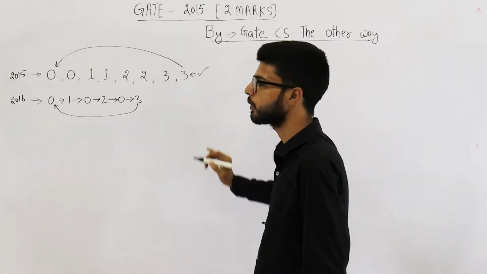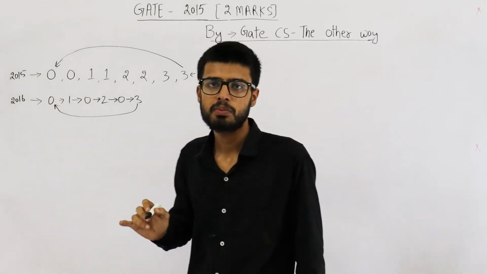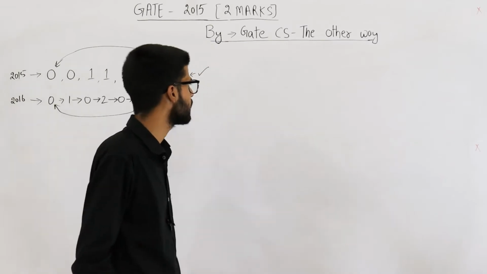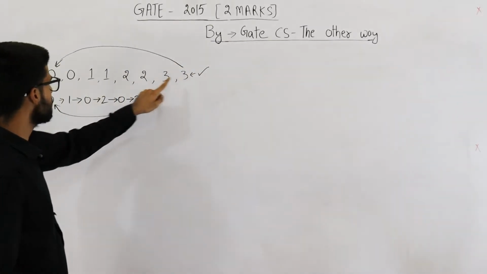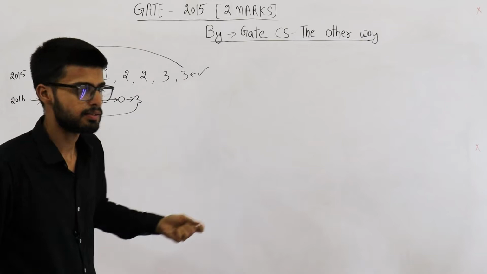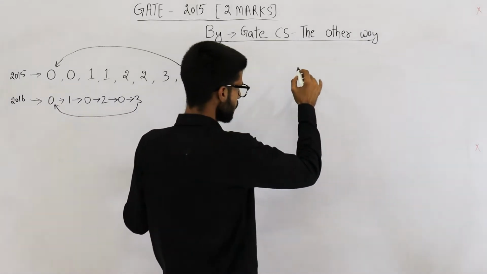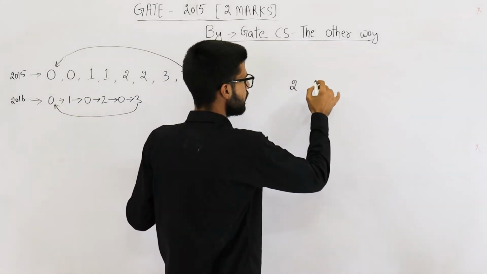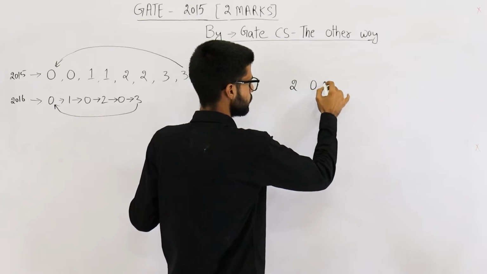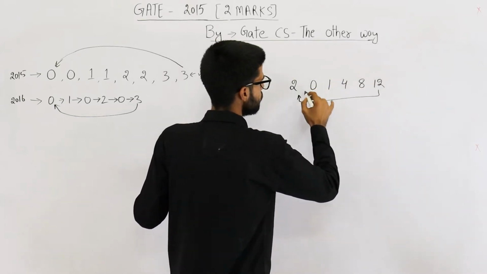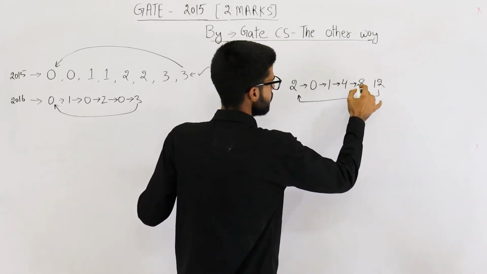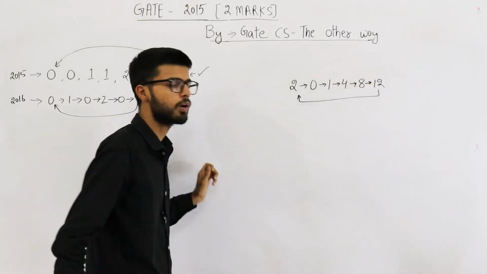is this. Whenever we want to determine the minimum number of flip-flops required to implement a counter with some counting sequence, let's see what the procedure is. Say they have given you some counting sequence. Suppose this is the sequence that we want to implement.